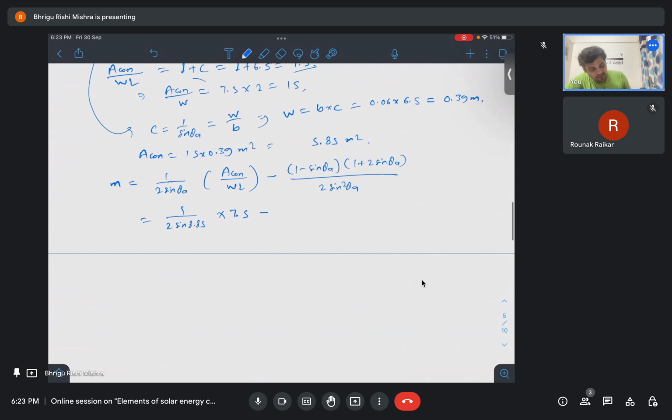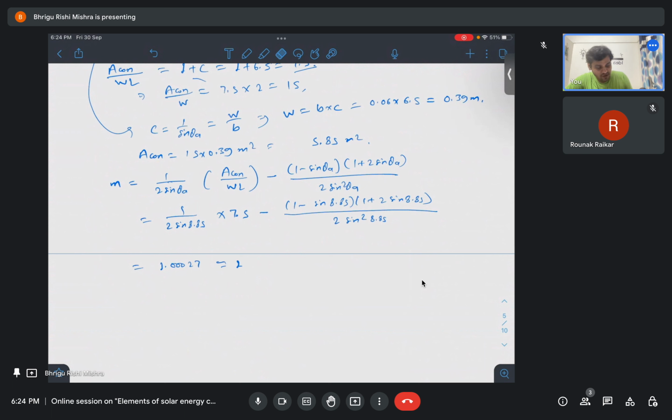Okay, so 7.5 minus 1, minus sine 8.85, times 1 plus 2 sine 8.85, divided by 2 sine square 8.85. So if you solve this, you will get 1.00027. So we assume it is 1.